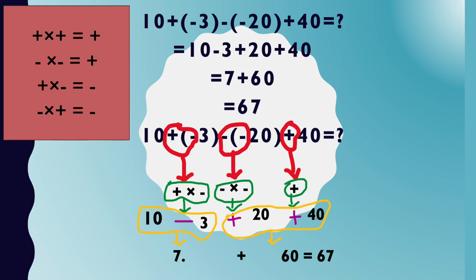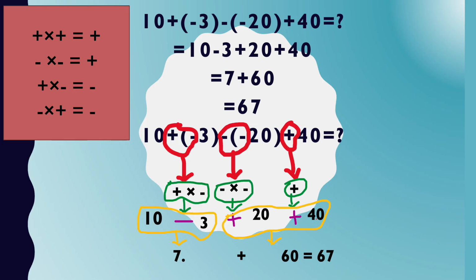What I am doing first is the plus, because it is easy for me, but it depends on you. If you think another way is easy, it all depends on you. Again, I separate into two groups.